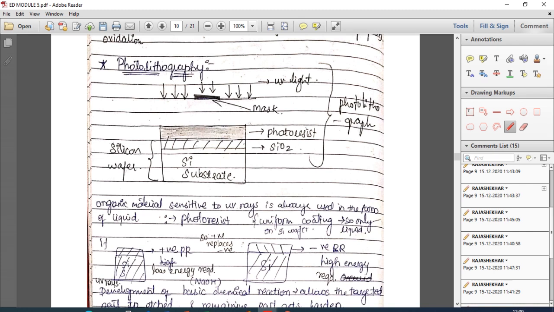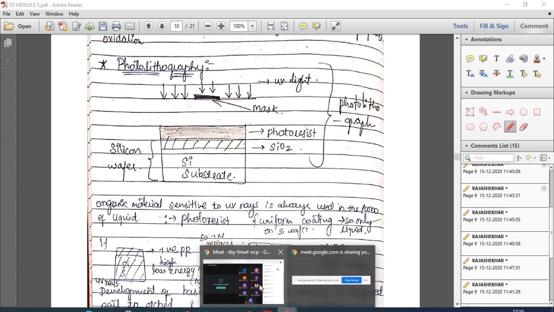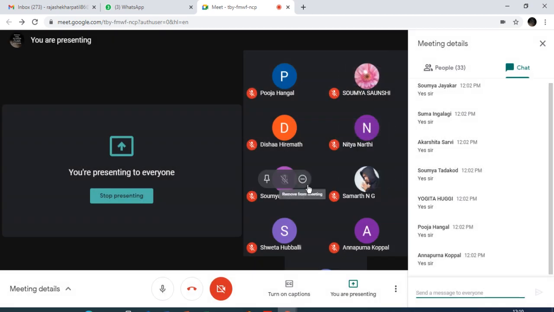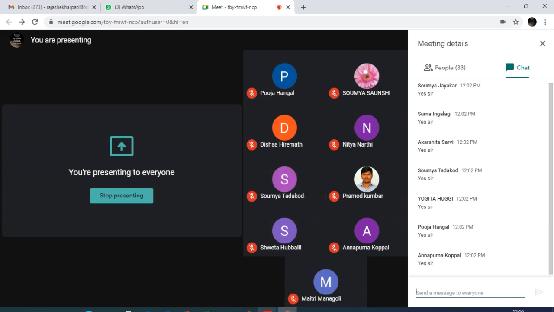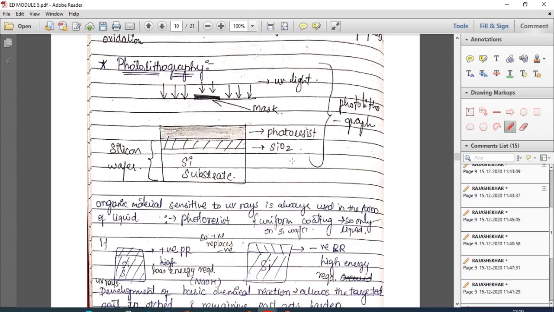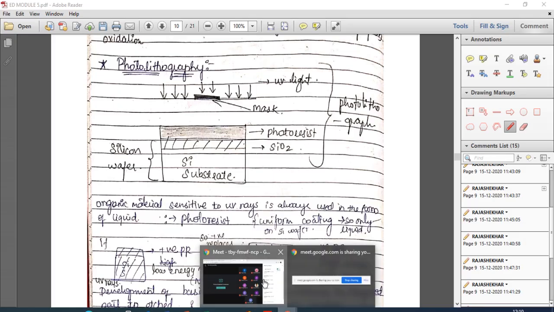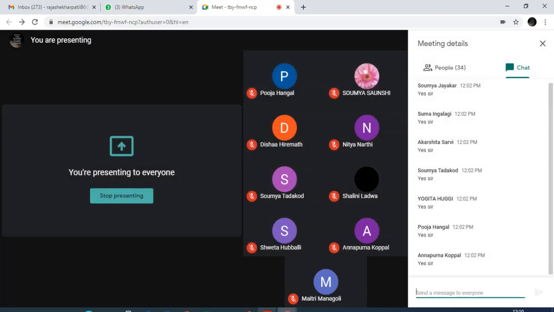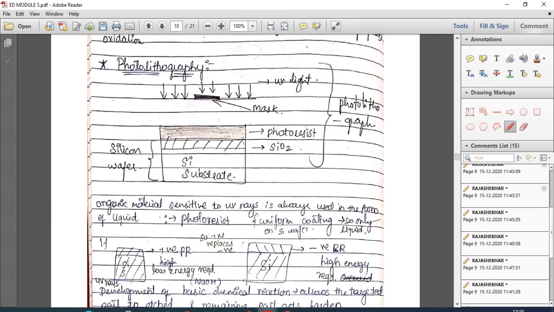Lithography is a process used to harden or soften the material which is sensitive to the light. Based on this, we are going to discuss how photolithography works and what is the use of photolithography. So now we will start step by step.